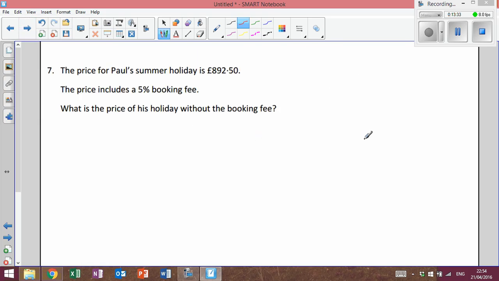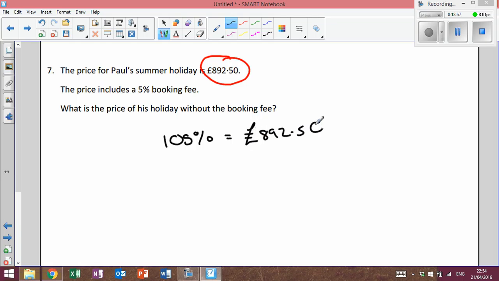Okay, 7. Full summer holiday is this. That includes a 5%. What would it be without it? Okay, so this number here includes the 5% booking fee. So that's not 100%. We're looking to find 100% because we want it without that 5%. Now your first bit is a trick here. That £892.50, that is 105%.